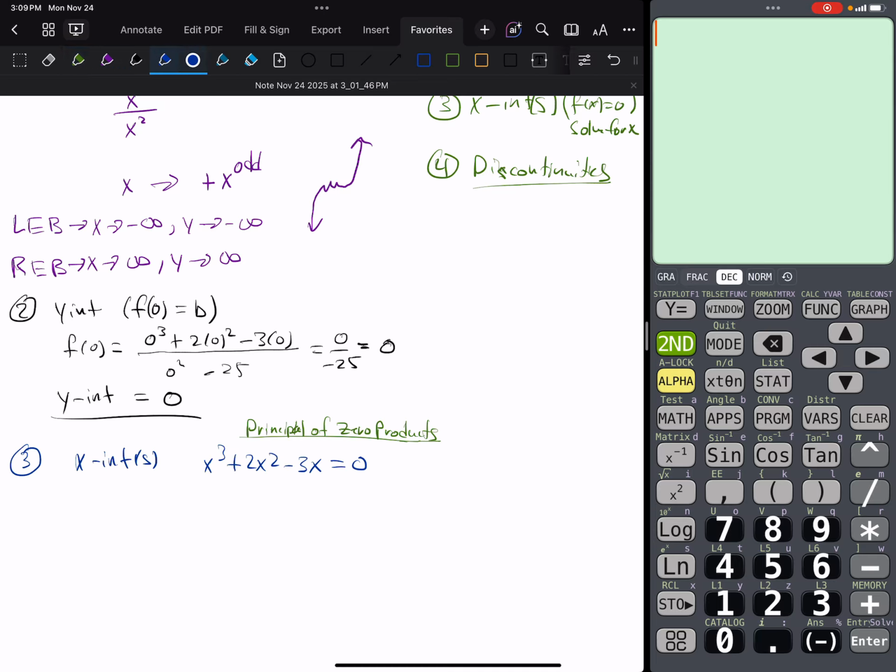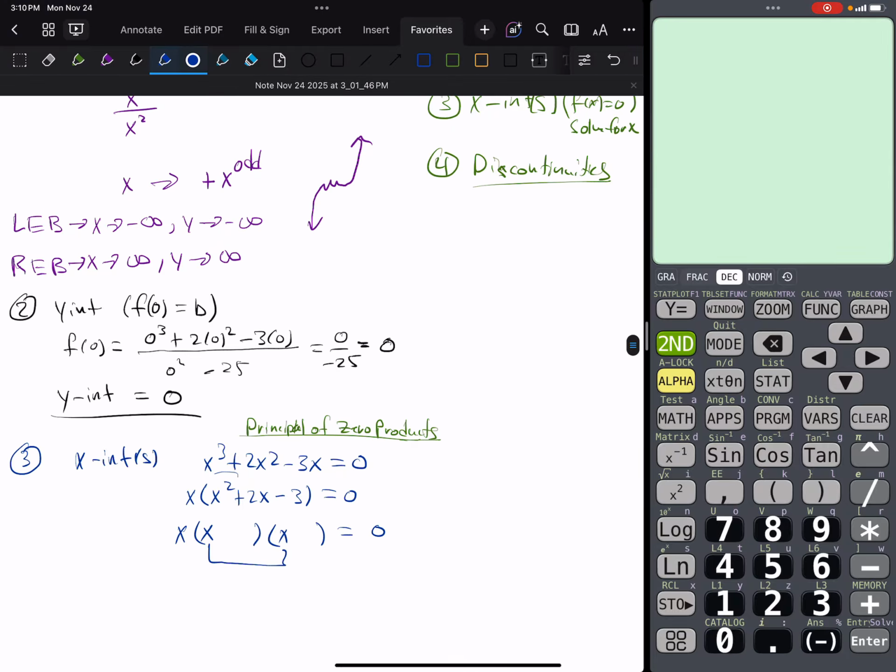And so I can pull an x out of all three of those terms. I'm left with an x squared plus a 2x minus a 3 equals 0. And if this is going to factor, it's a trinomial quadratic form with a 1 in front of the x squared. If that's going to factor, it'll factor into two binomials that start with x, right? Because if I do FOIL, I do first, which is x times x, which gives me a 1x squared.